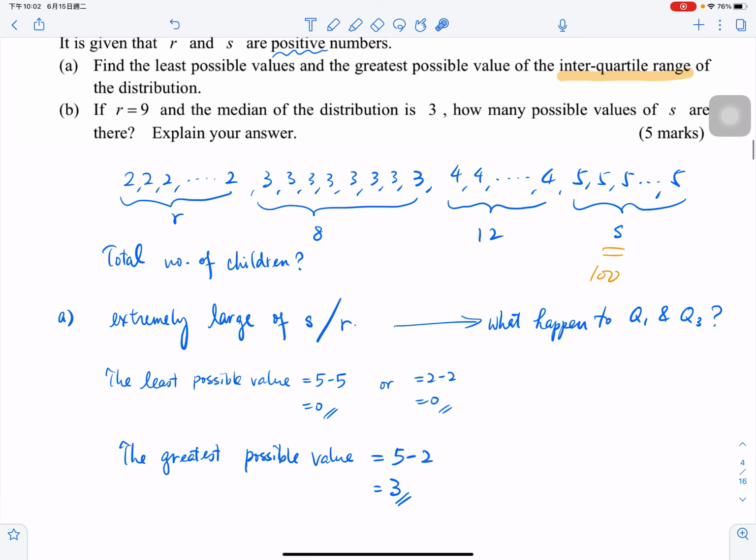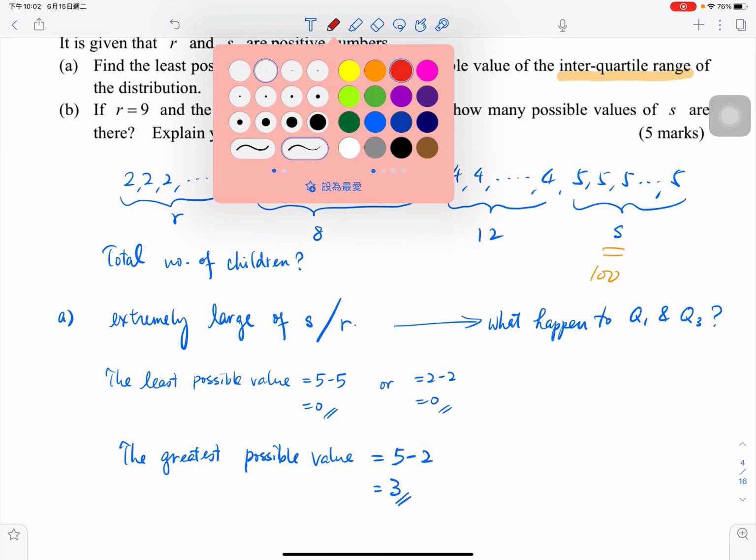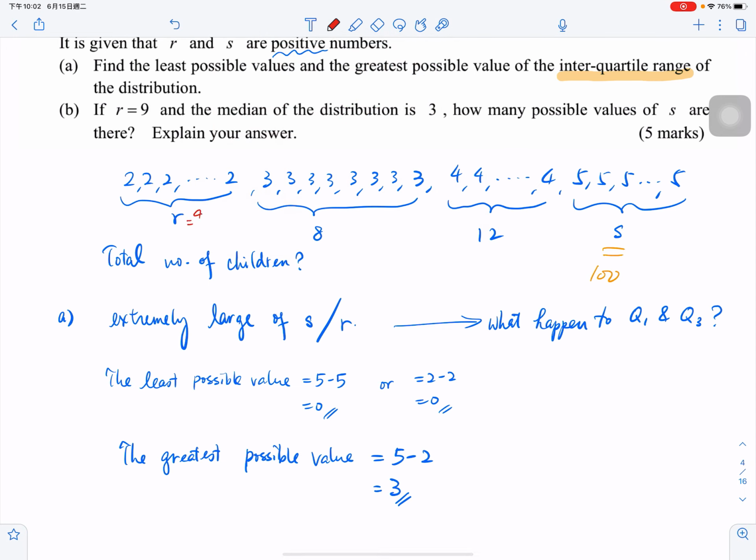Understand? Okay, now let's have a look at part B. If R equals 9 and the median of the distribution is 3, then how many possible values of S are there? Now here R equals 9.